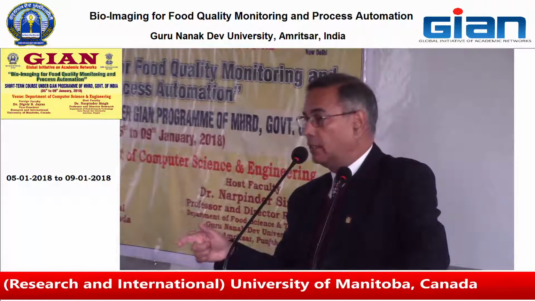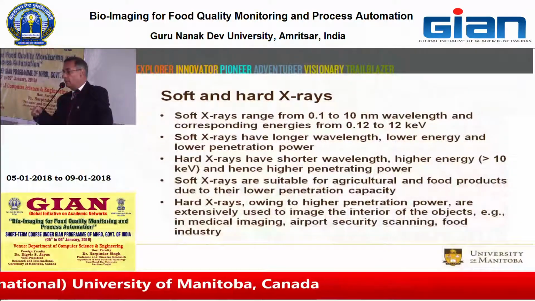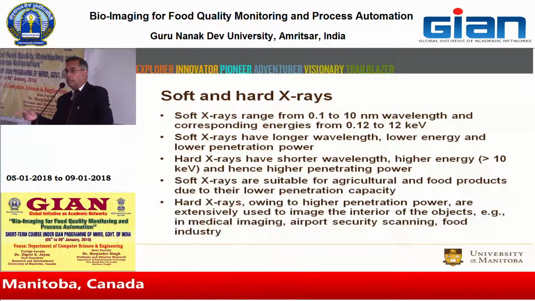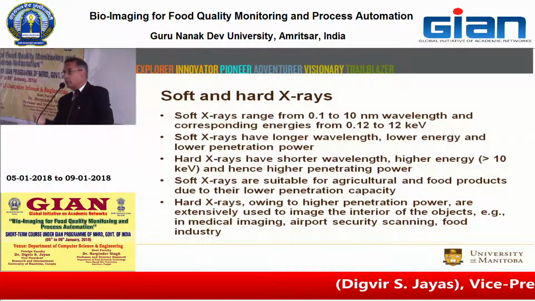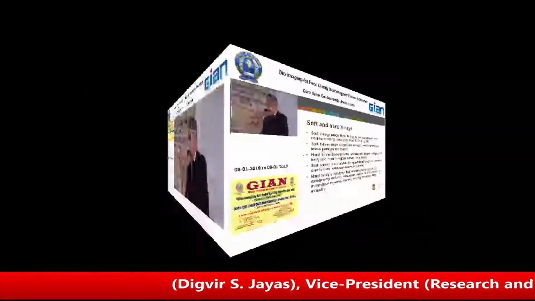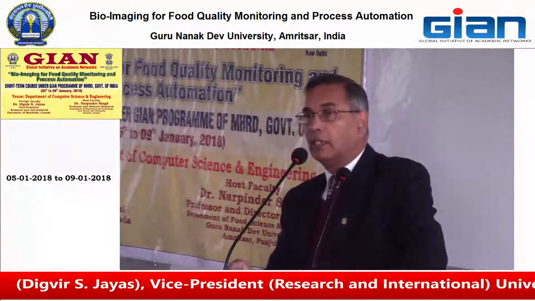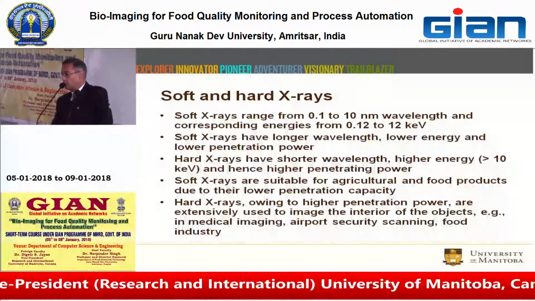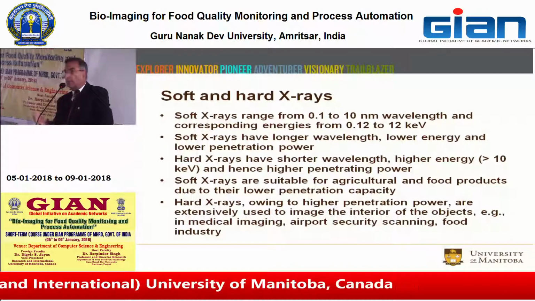Some more details of the X-rays which I have already mentioned. Here it is looking at the X-rays range from 0.1 to 10 nanometer and corresponding energy. Soft X-rays have the longer wavelength, lower energy and low penetration power.